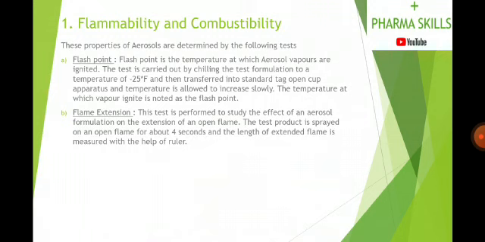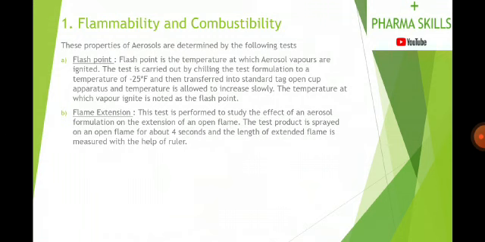Flashpoint. Flashpoint is the temperature at which aerosol vapors are ignited. The test formulation is chilled to -25 degrees Celsius. The chilled contents are transferred to an apparatus, that is standard tag open cup apparatus, and temperature is increased slowly.